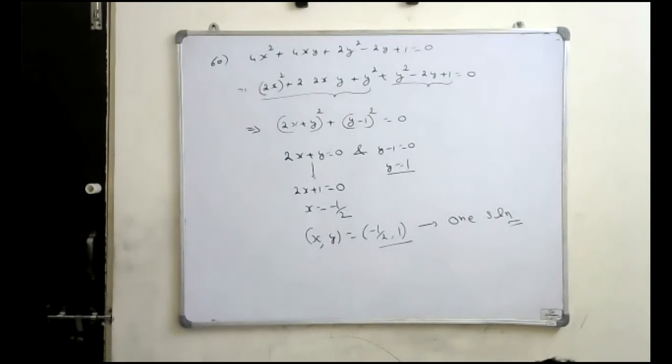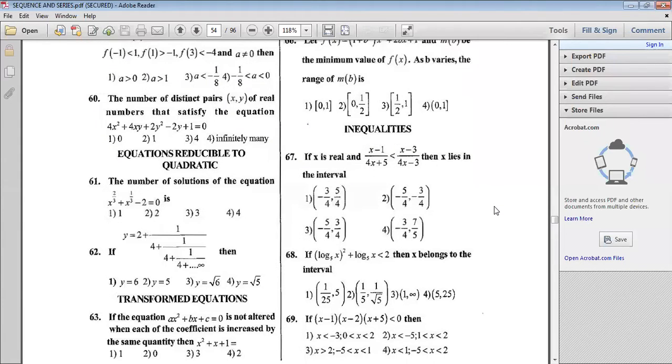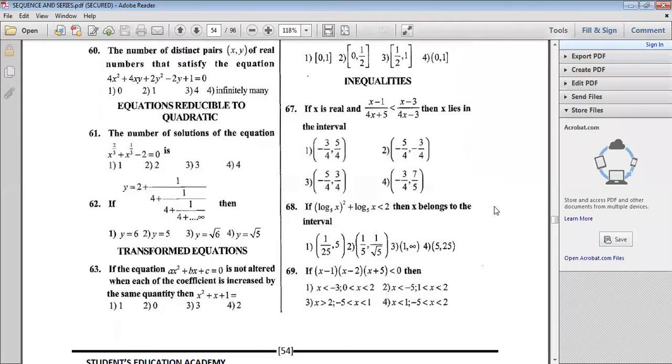Next, look at the next problem. Observe the 61st, equations reducible to the quadratic. The number of solutions of the equation.